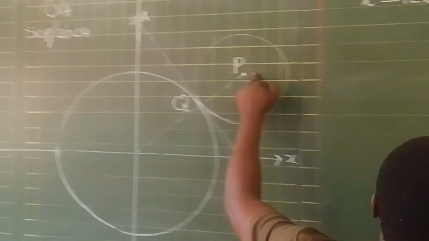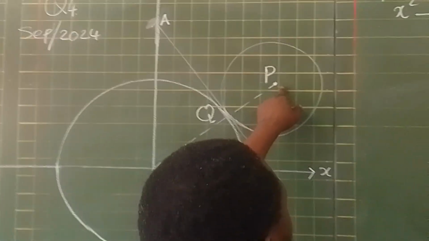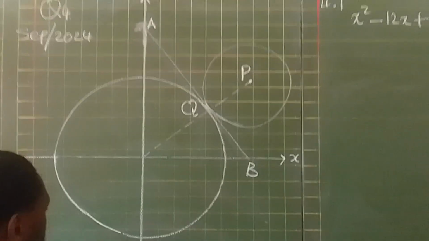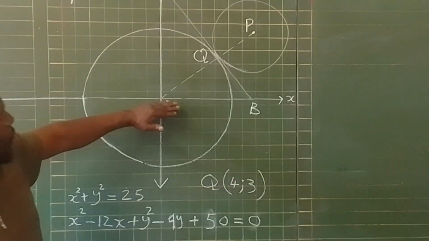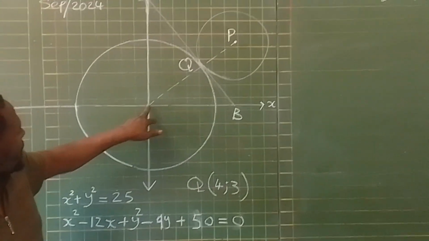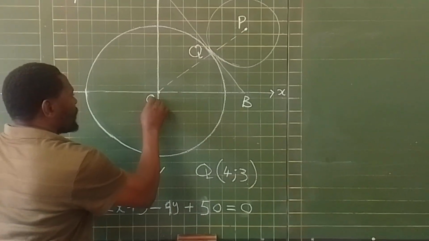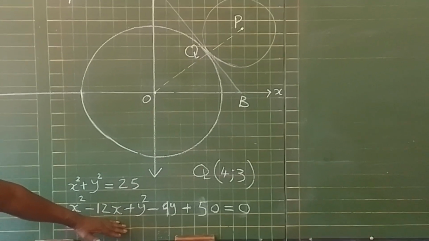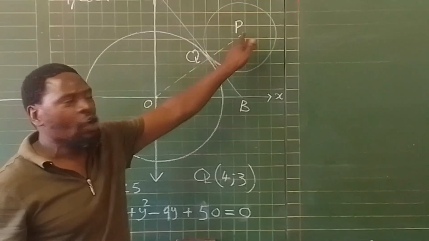Remember, P is the center from the statement. The original circle has its center O at the origin, while this one has its center away from the origin.